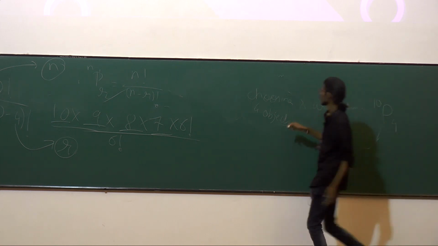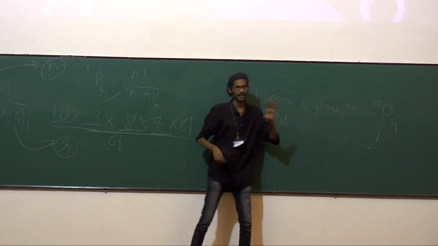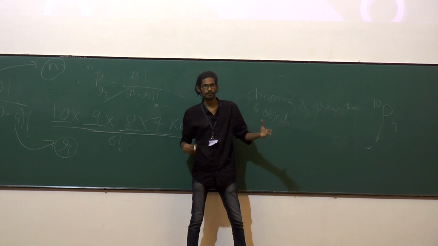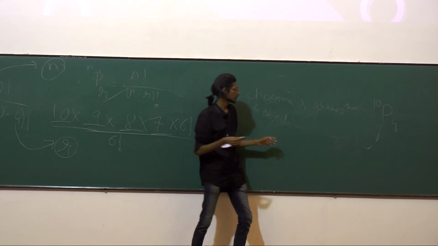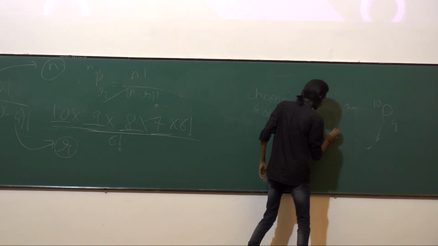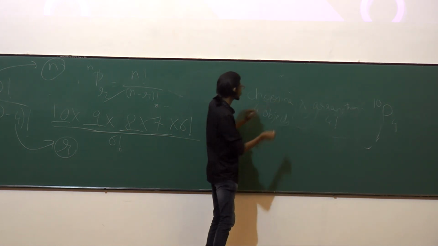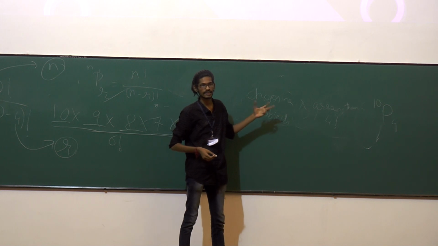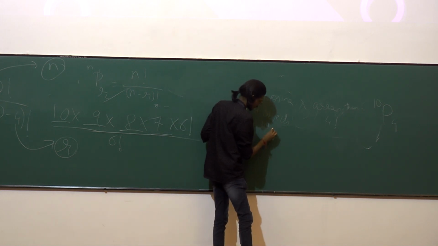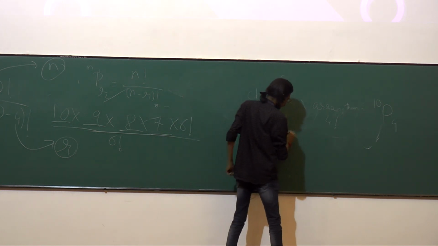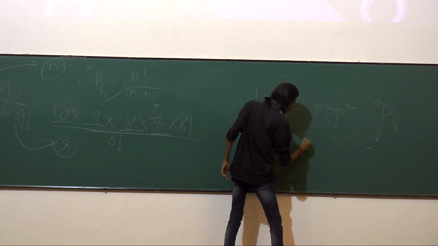So if I want to arrange 4 objects at 4 places, the number of ways is 4 factorial. I think this is very much clear to most of you. So this term is 4 factorial, and this term, choosing 4 objects, is our NCR. So 10C4 times 4 factorial is equal to 10P4.